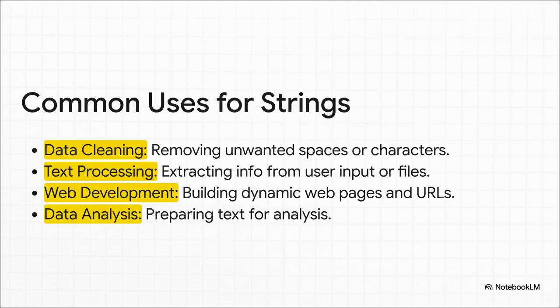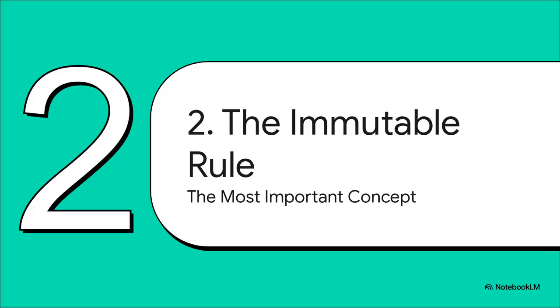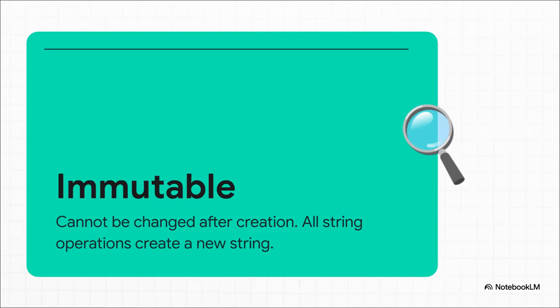Okay, now before we touch a single string method, we have to talk about the single most important concept, what I call the immutable rule. Seriously, if you only take one thing away from this whole explainer, let it be this. In Python, strings are what we call immutable. That's a fancy word, but it just means you can't change a string after you've made it, at all.